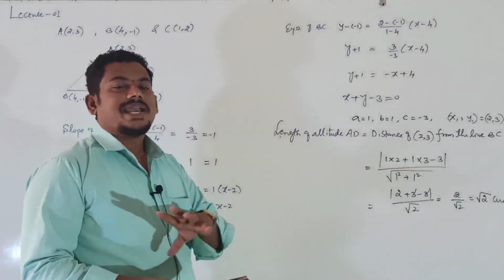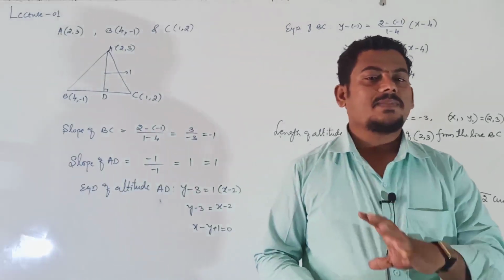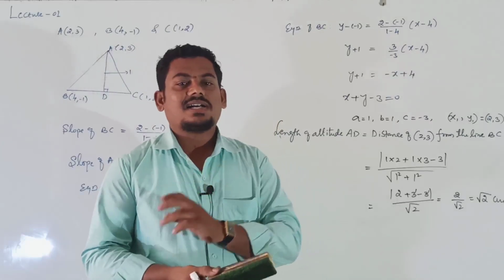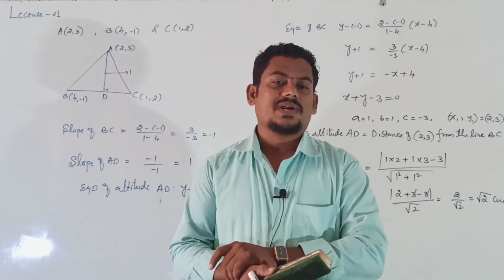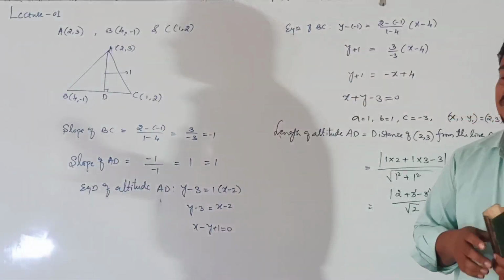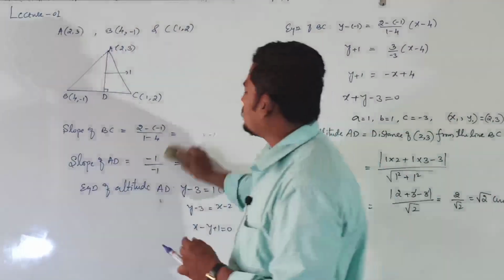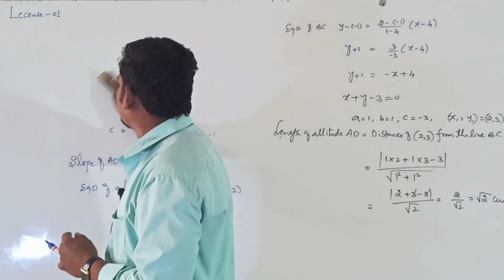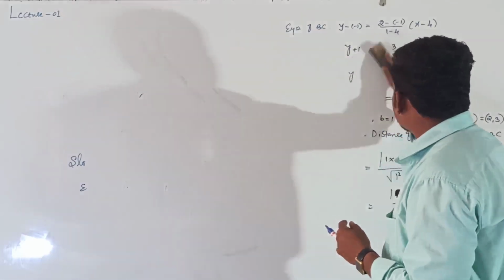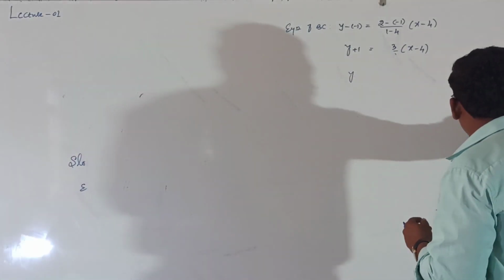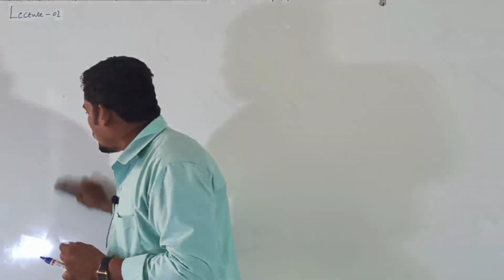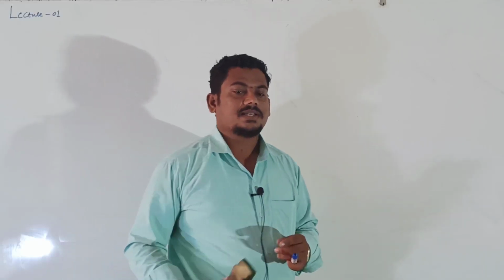With this problem I conclude this chapter, right? Chapter straight lines. Now after this we will start the coaching part of 2D geometry, right? Let's discuss the synopsis.